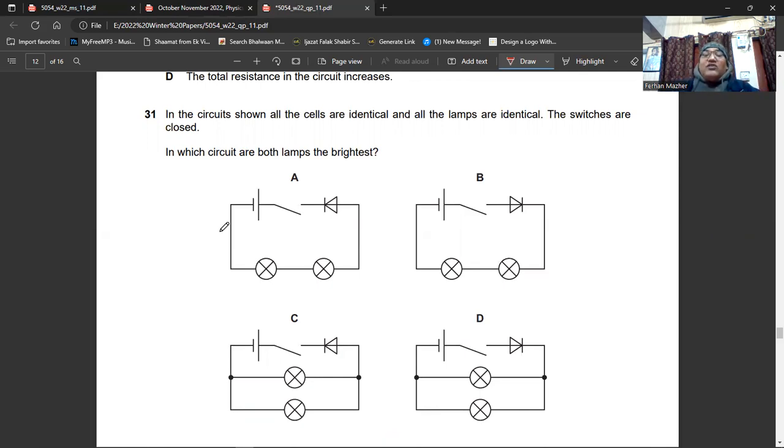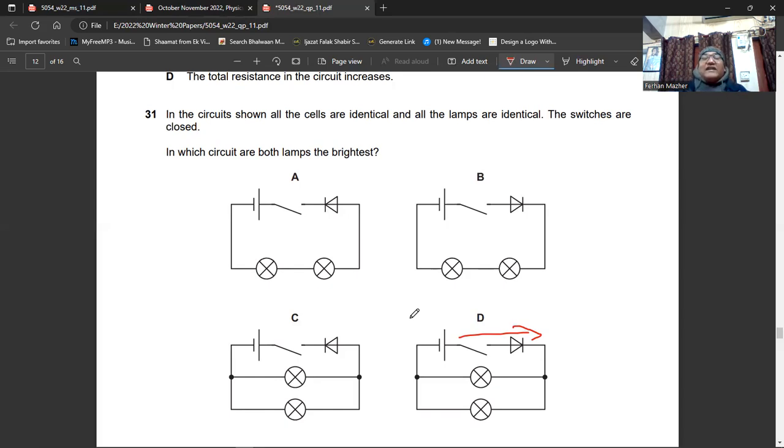And there is a diode also connected. The diode's arrow should be in the direction of the conventional current, because the conventional current will flow in this way. In this way, the diode will be connected in a forward bias, and it will allow the current to flow.